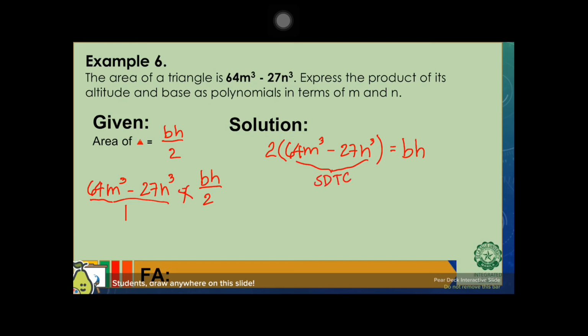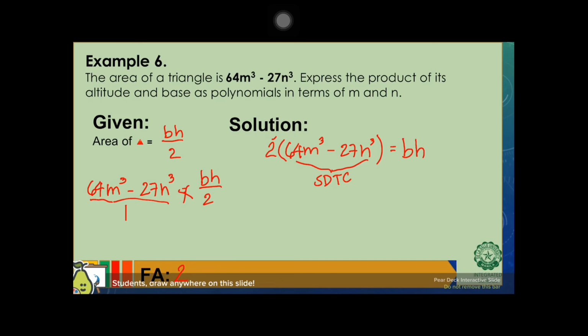Considering the first term is a perfect cube, the second term is a perfect cube as well, and then you have a difference or a subtraction as your operation. So you can easily factor that one out, because based from the problem, we are supposed to get the factored form of the product of the base and height. Okay, so we could consider this 2 as one of the factors already, so we could have that already there in our final answer. So let's factor our given sum and difference of 2 cubes.